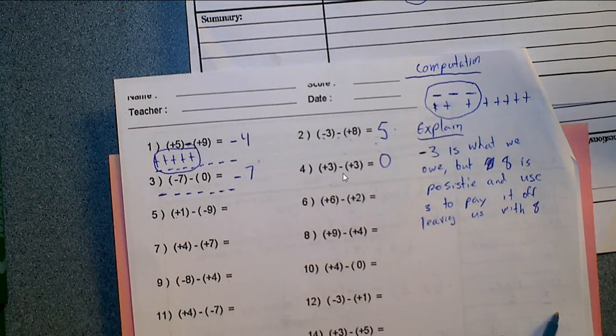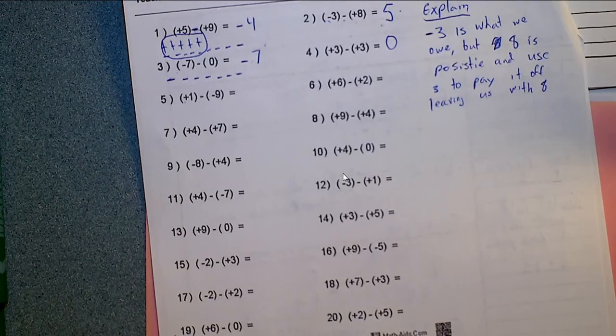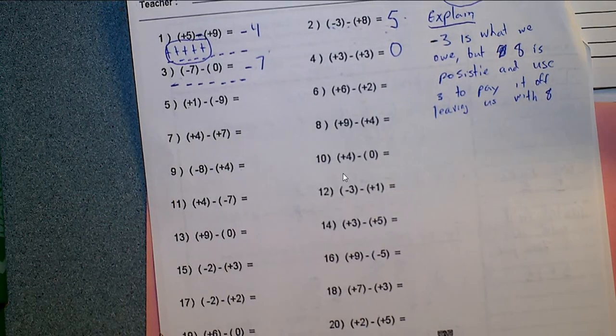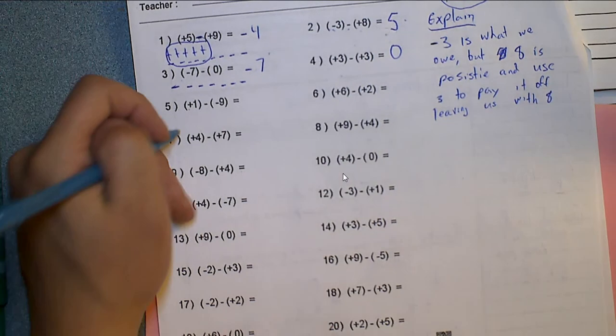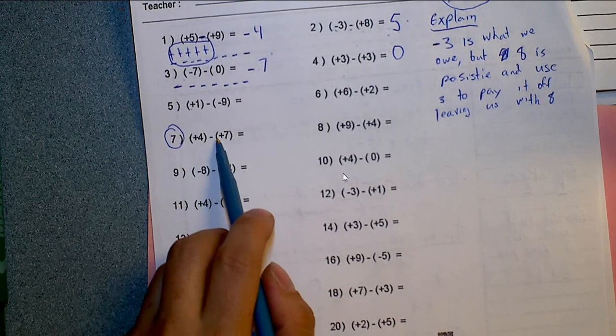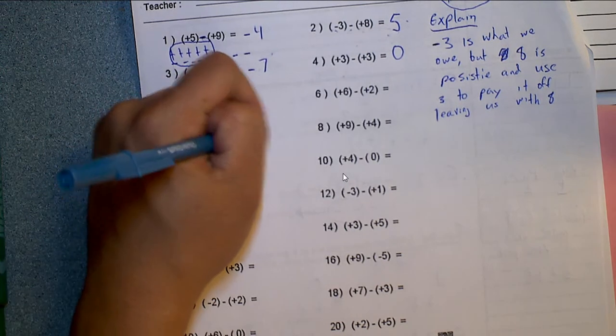What about, I'll give you guys one last one before I head off. I'll give you guys number, let's do number 7. 4 minus 7. We know the answer is going to be 3. But let's draw it out.